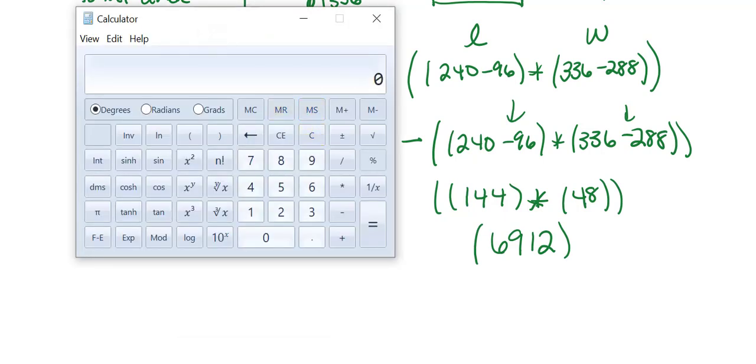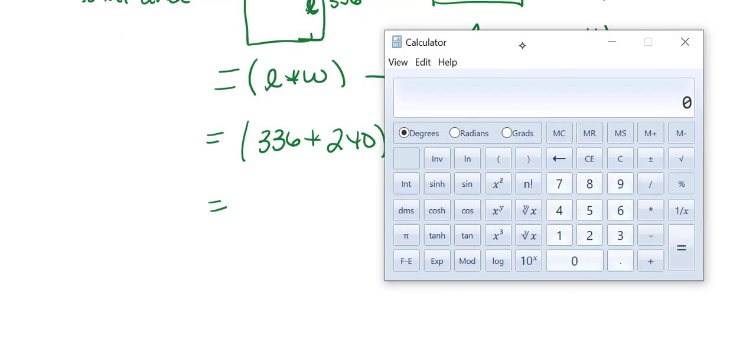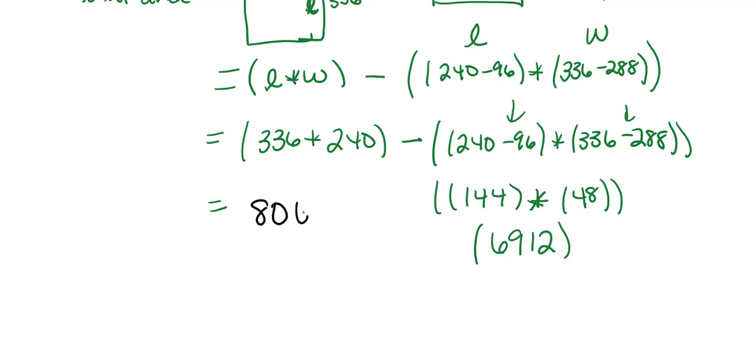Then, let's go ahead and do the first part. So we have 336 times 240. We're just going with inside the parentheses. So we have 80,640. And we subtract that. Let's just go ahead and bring that down.